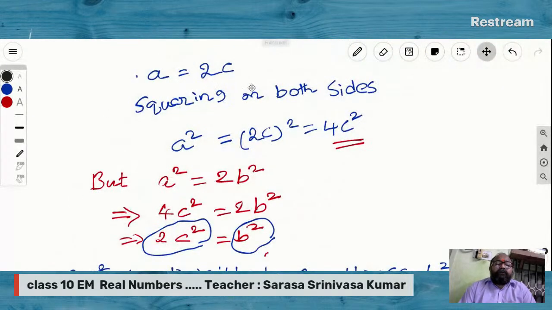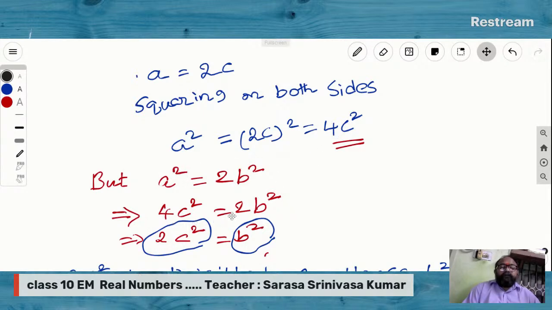With a equal to 2c, squaring on both sides, a square equal to 4c square. But we have the statement in the starting, a square equal to 2b square. So in place of a square, I can write 4c square.